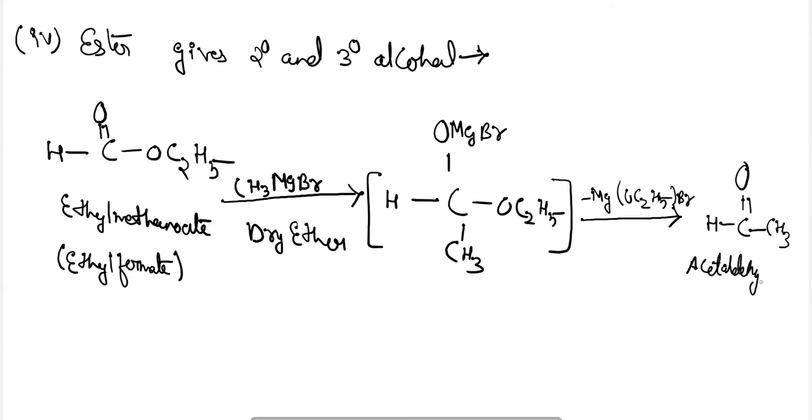So here first we have converted the ester into an aldehyde. Now again the reaction between the aldehyde and the Grignard reagent will take place in the presence of dry ether, and here we will produce the addition compound.